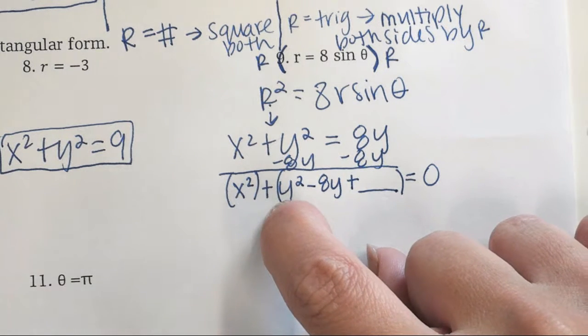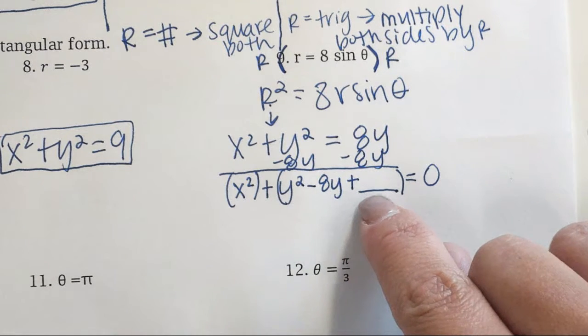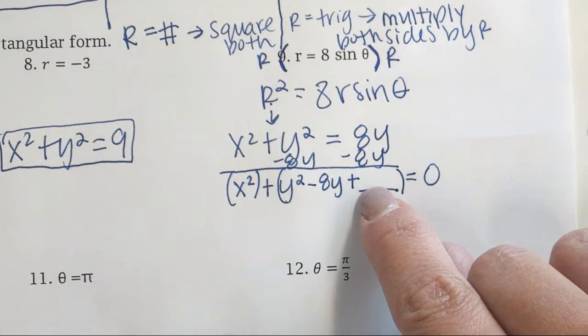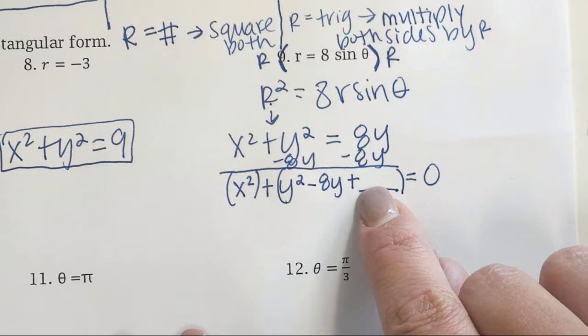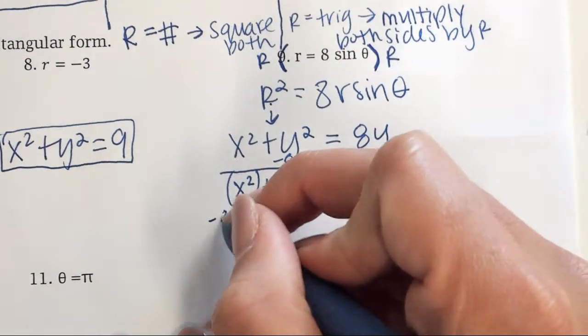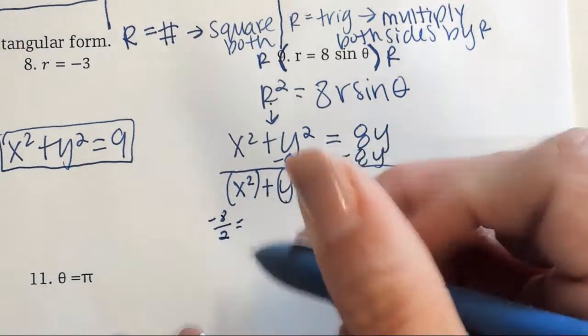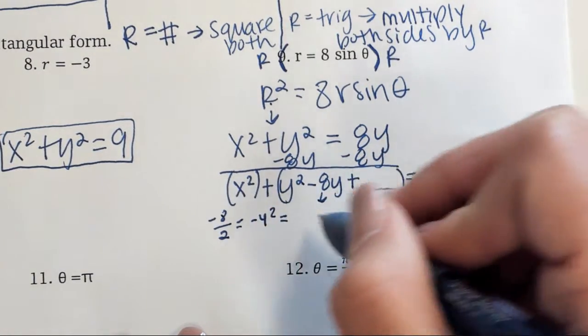Is y squared a perfect square? Yes, it already is. Do y'all remember when completing the square, what goes here? How do you find that? Nobody? You just take this middle term, negative 8, divide it by 2, which is what? And then you do what to it? Square it, which is what?